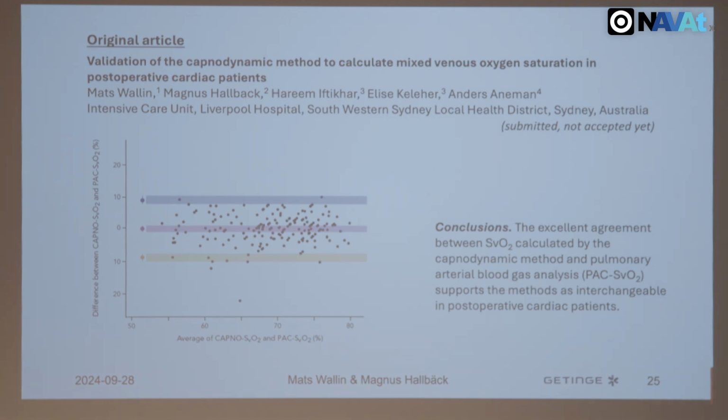So this outlier was linked to the reference method, and this shows that it's tricky to do this kind of agreement study in the clinical situation, and be aware that the reference methods are not perfect.